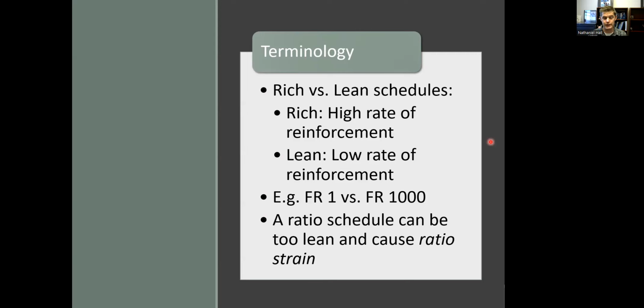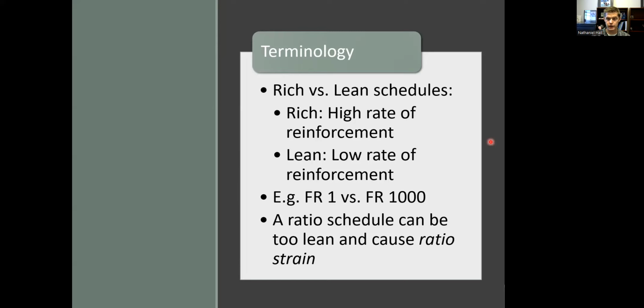That would be a relatively lean schedule. And you can have situations where you build the schedule to be so lean that pausing that occurs might become so long that the behavior fundamentally extinguishes, or we get extinction, and that all responses decline. And that's what we call ratio strain.